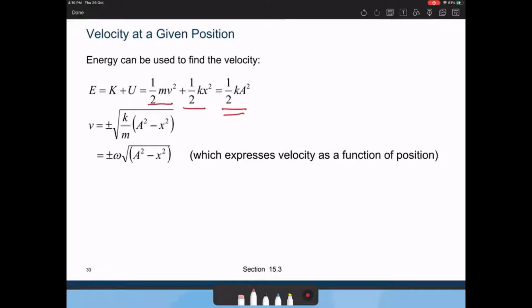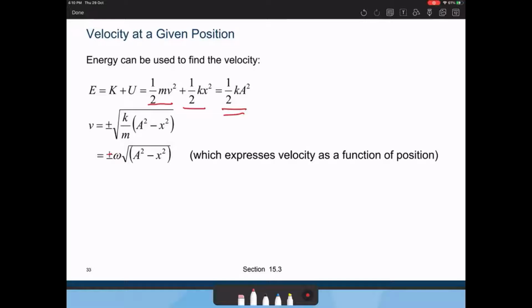So you could readjust the terms and represent v, the velocity, as the subject of the formula. So it can be positive or negative: omega times square root of A squared minus x squared.